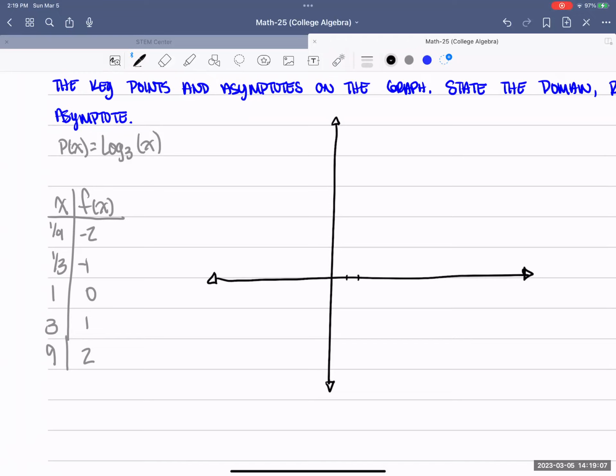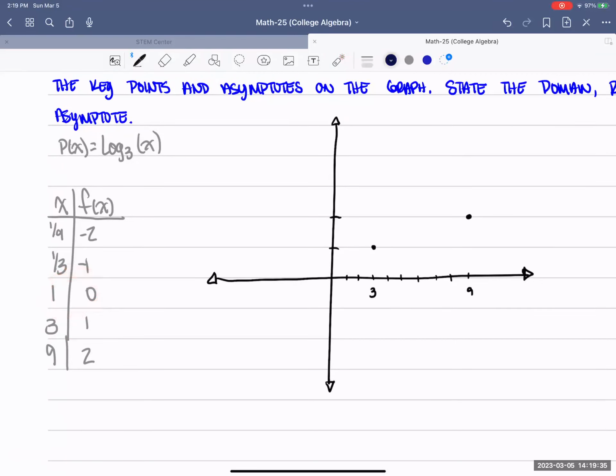So we'll say 1, 2, 3, 4, 5, 6, 7, 8, 9, and we output 2. Next we'll do input 3, output 1.